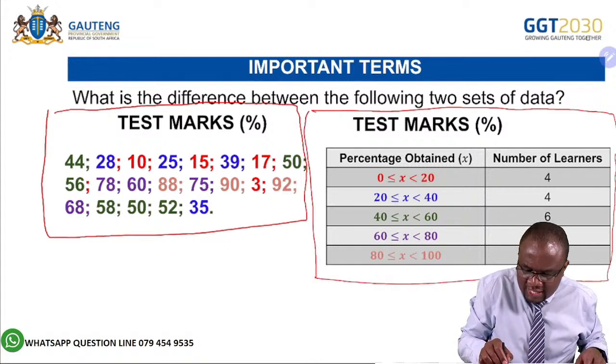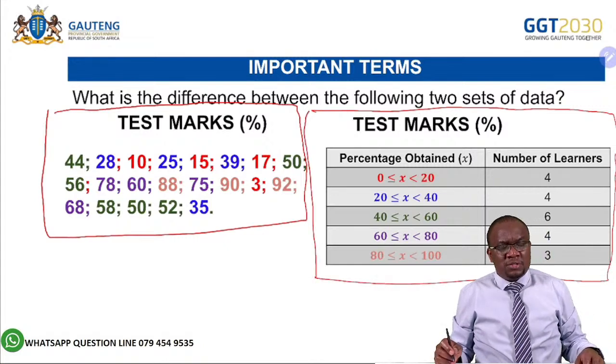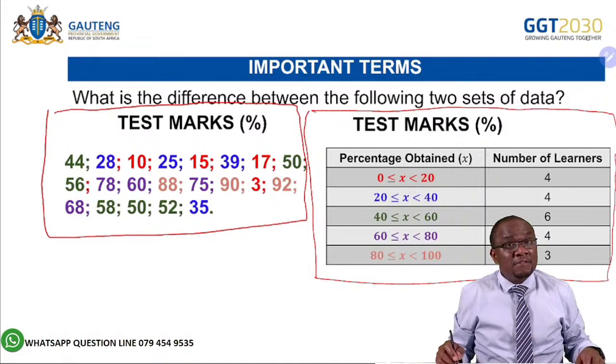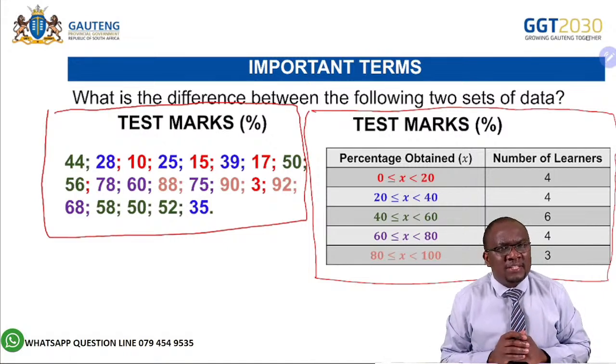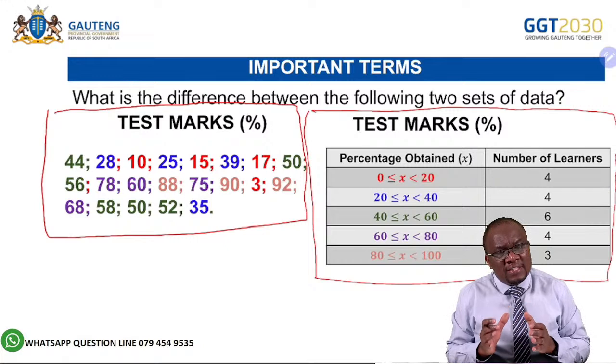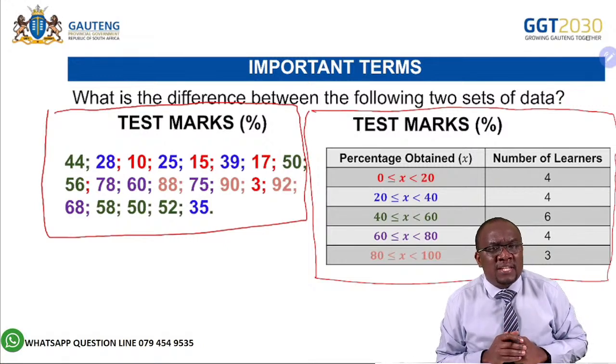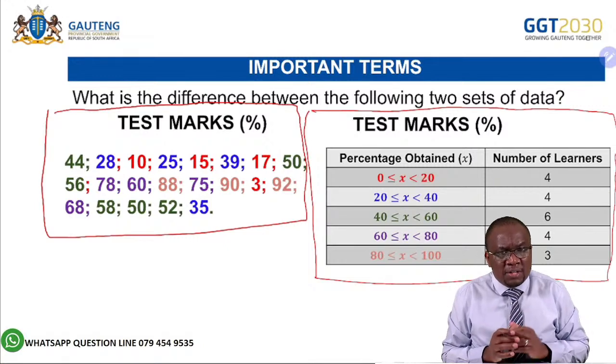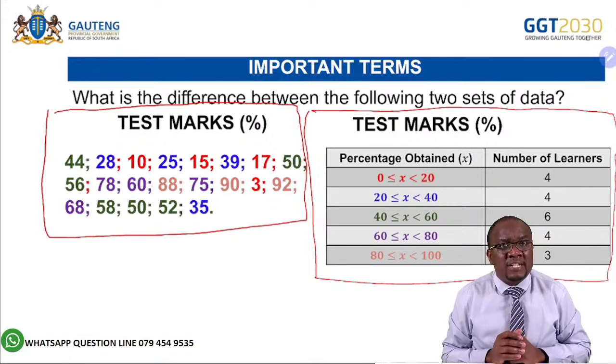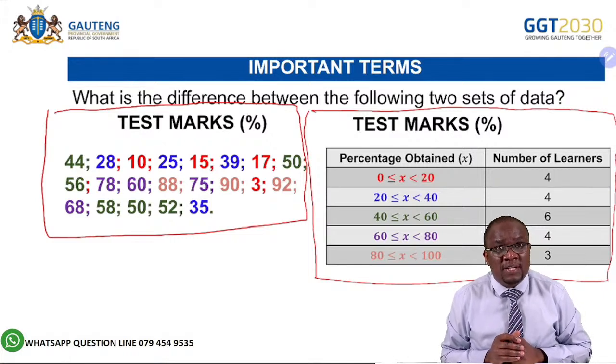Is there any difference between these two sets of data? If there is a difference, what is the difference? If they are the same, why are you saying they are the same? I want you to discuss these two sets of data in 2 minutes. Let's try to do that.